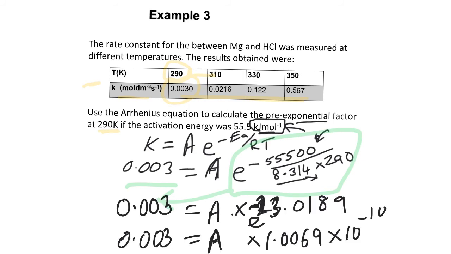If you simplify that expression, you get this, and then e to the power negative 23 point something.